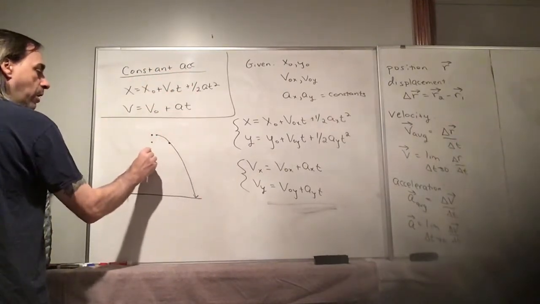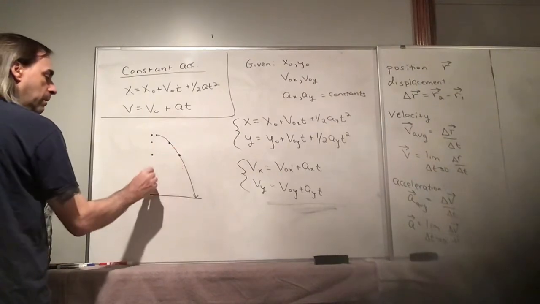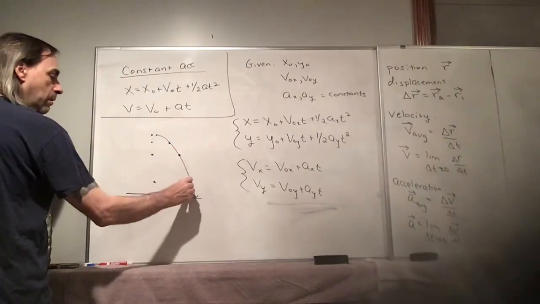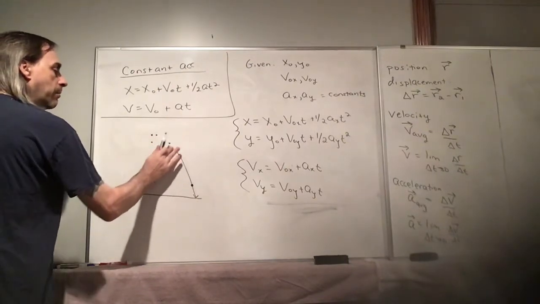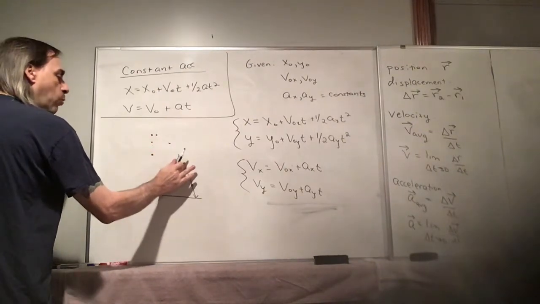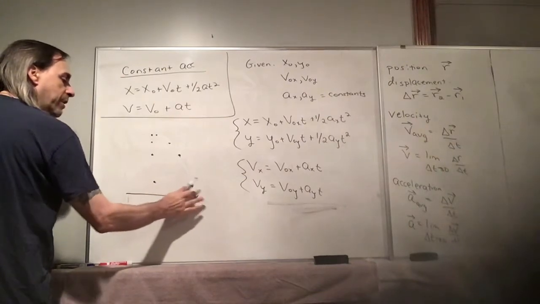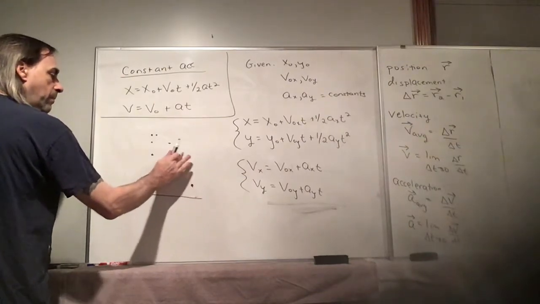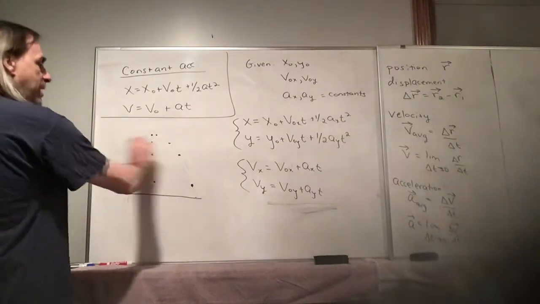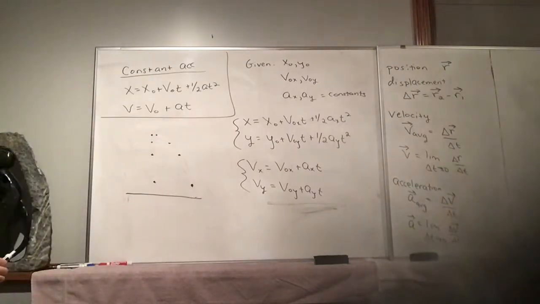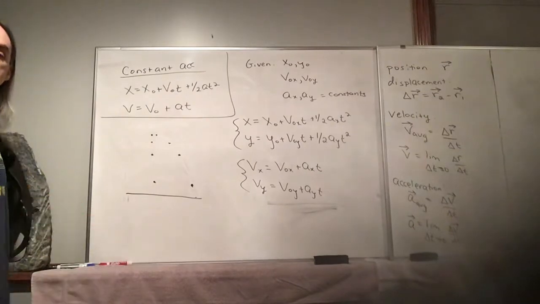But the picture looks a lot like this. So I'm actually going to erase this. This is like a real picture of two falling objects, and they both started falling at the same time. One was given a horizontal velocity, the other's falling straight down.